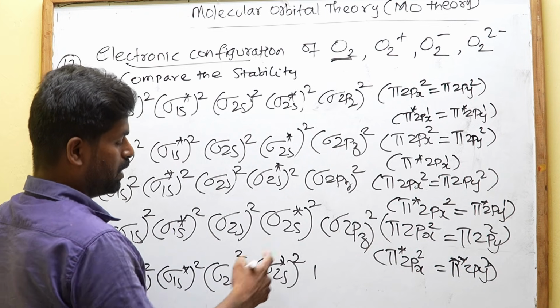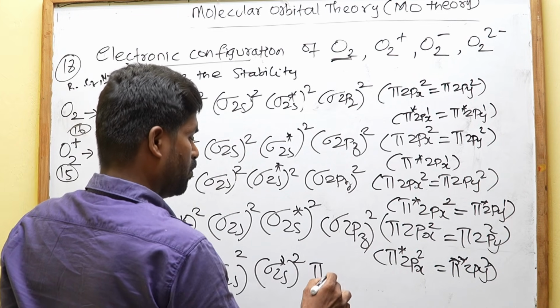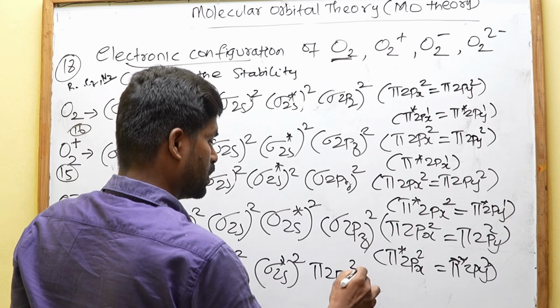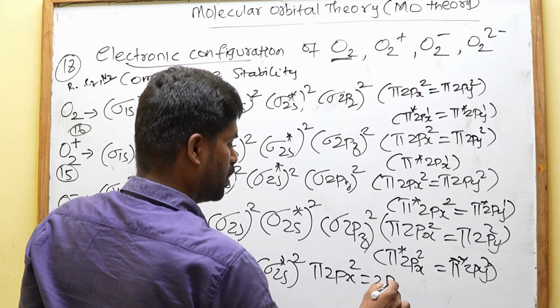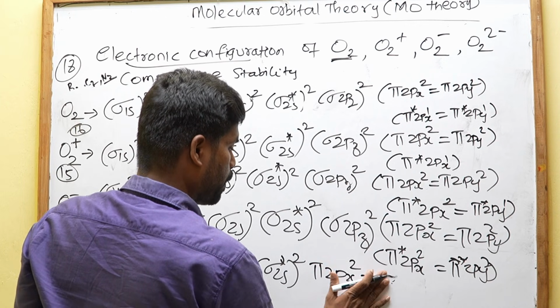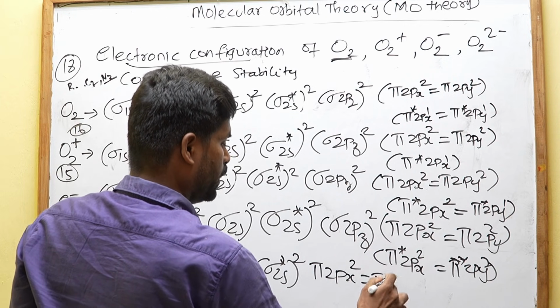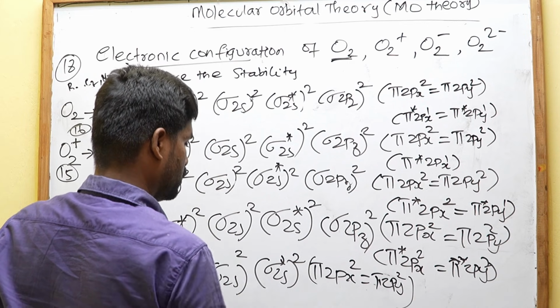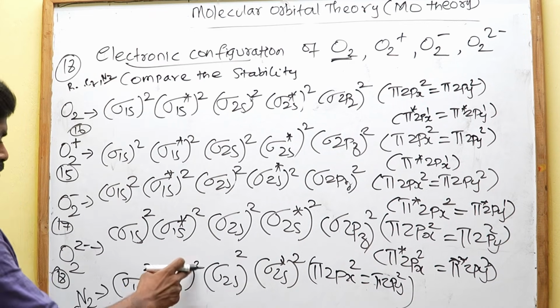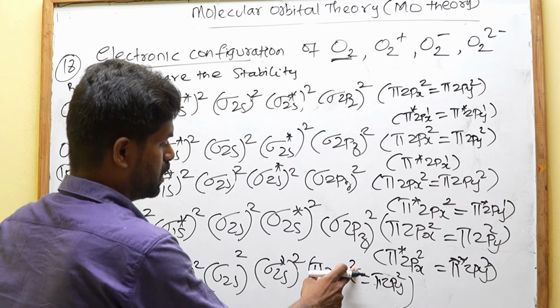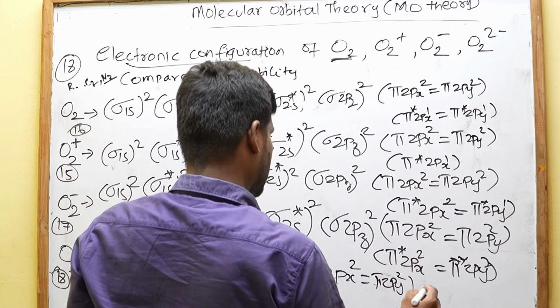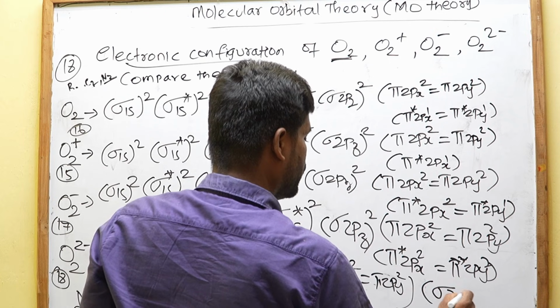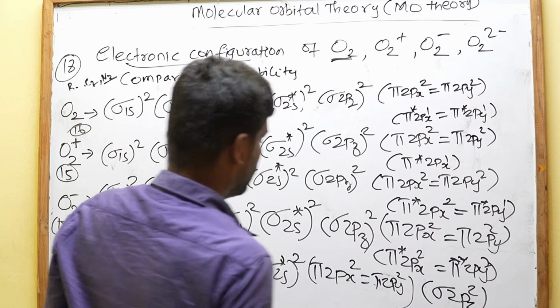Already we filled 8 electrons. Let's fill pi 2px 2 electrons and pi 2py 2 electrons. Let's count: 2, 4, 6, 8, 10, 12. Then we have sigma 2pz 2 electrons. Look at this.